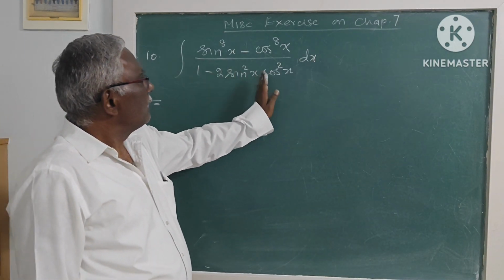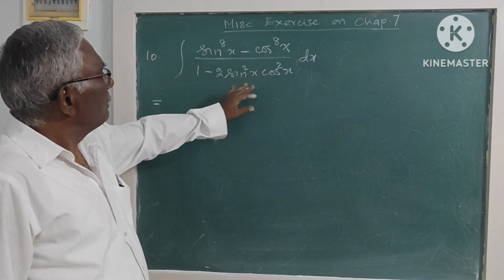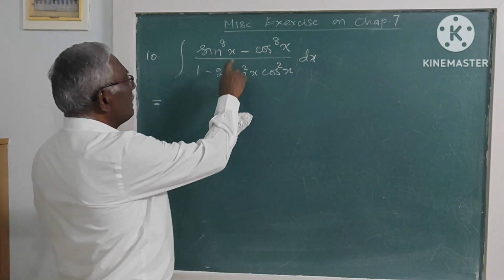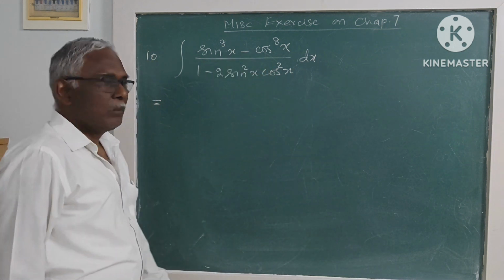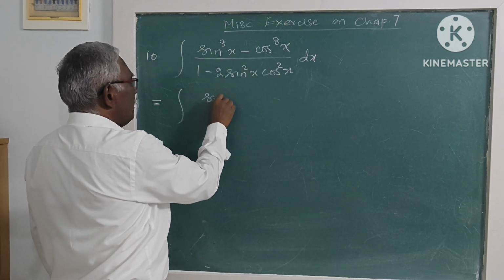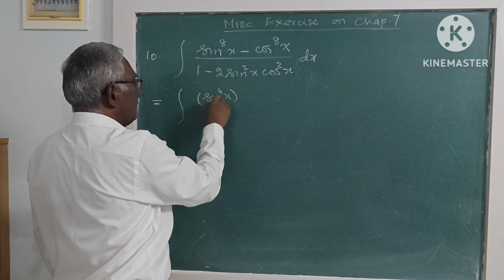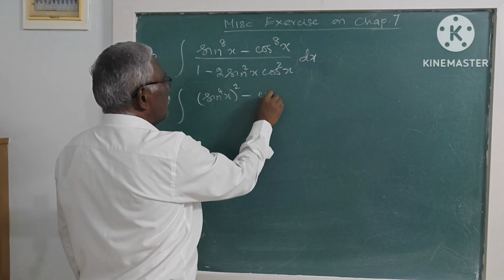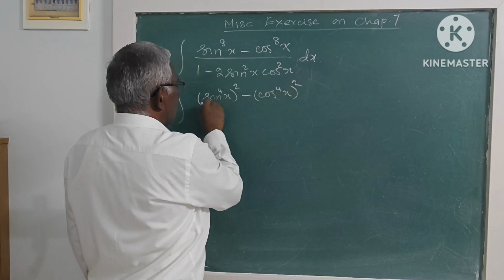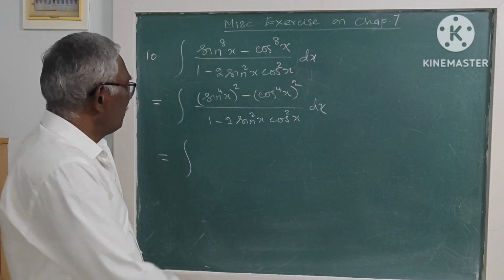So this integral, we have to simplify this trigonometric functions. We can write this a square minus b square form. That is integral sin power 4x whole square minus cos power 4x whole square by a plus b into a minus b.